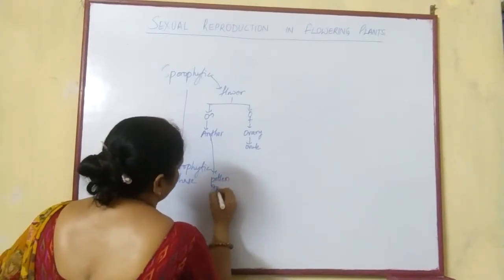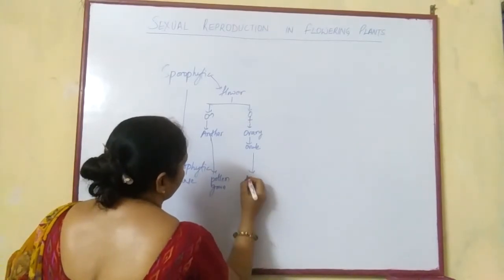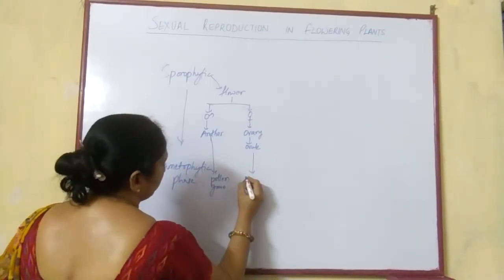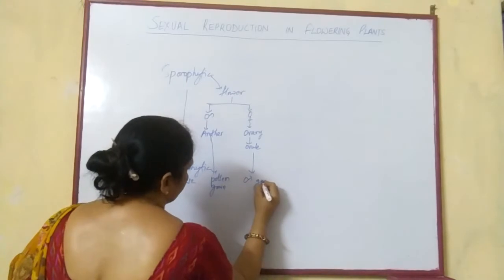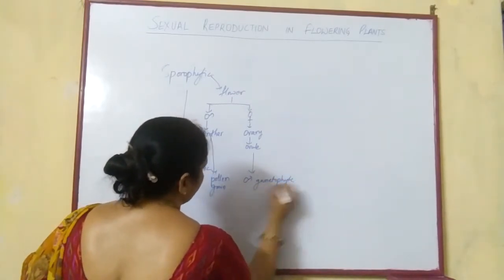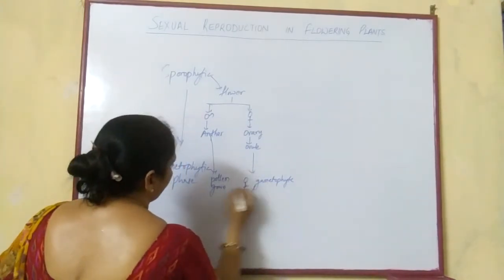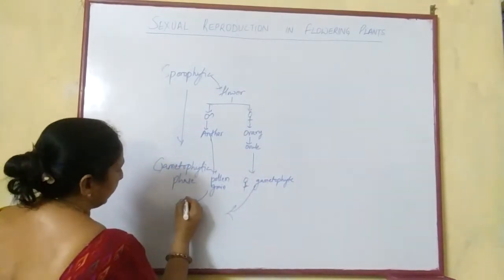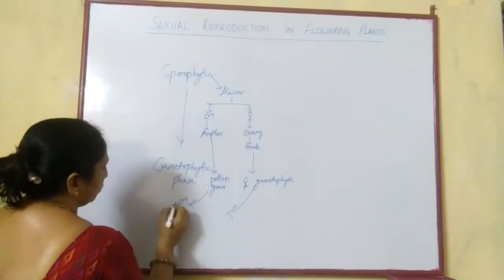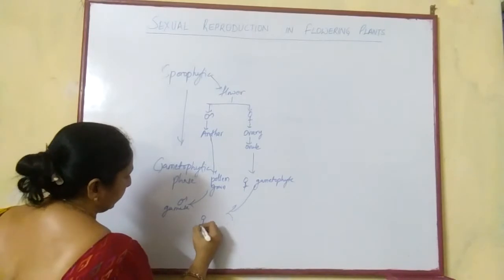From the ovules, the female gametophyte is produced. While pollen grains are the male gametophytes, and they produce the male gamete. The female gametophyte produces the female gamete.